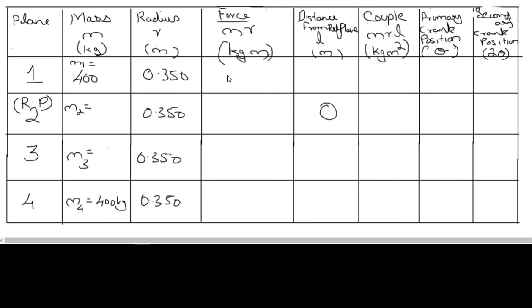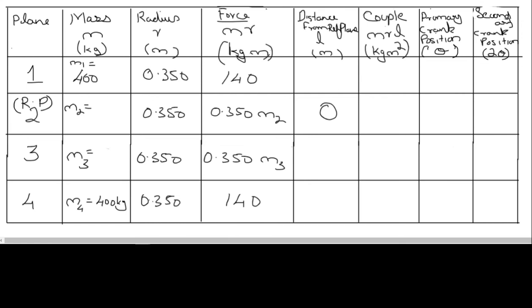So it will be 400 times 350 will be 140, and since m2 is not known, we can write 350 m2, and similarly here 350 times m3, and again the last one will be 140.